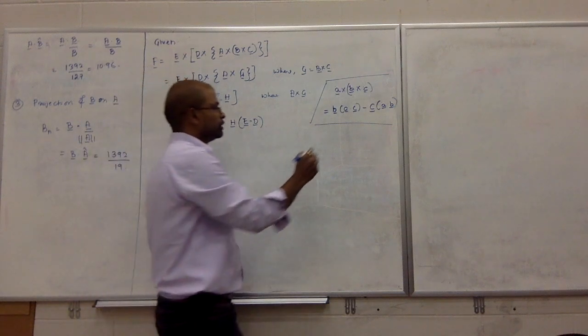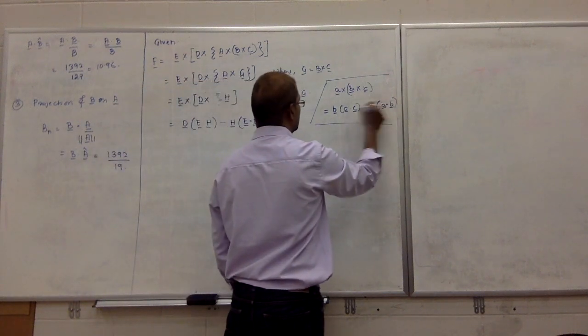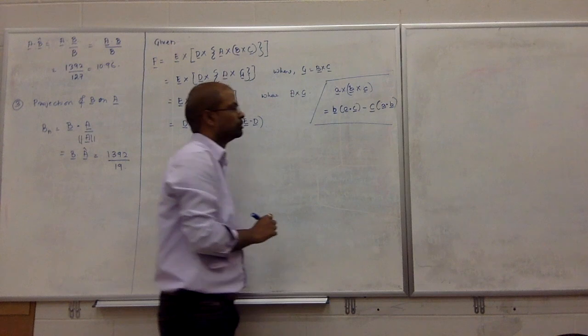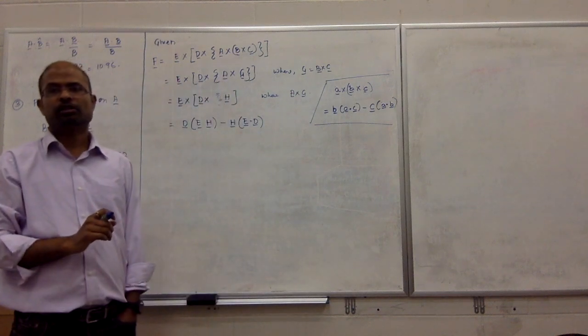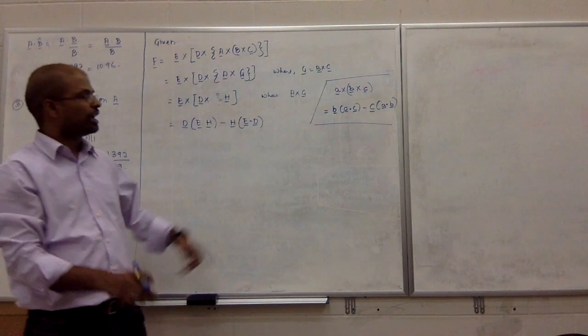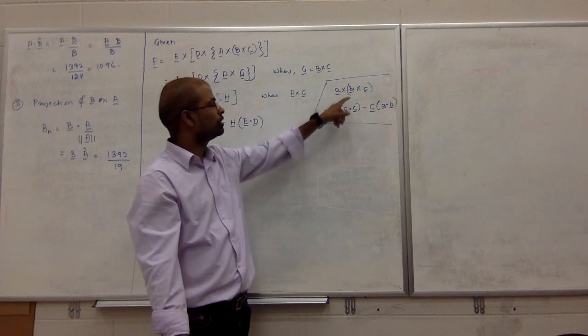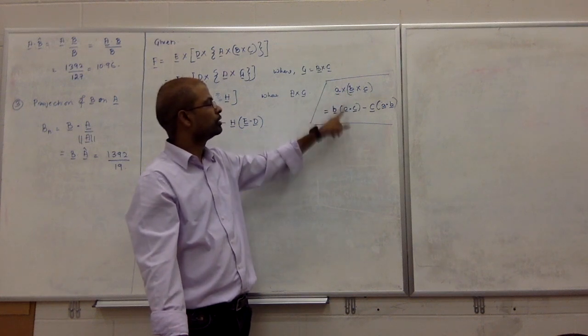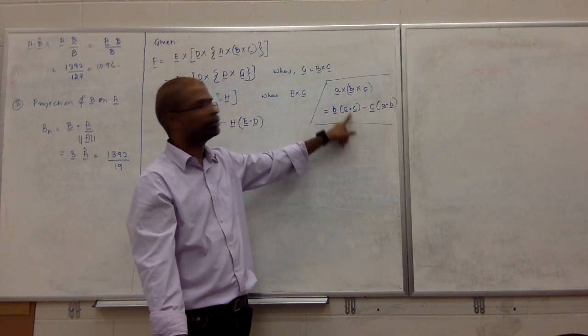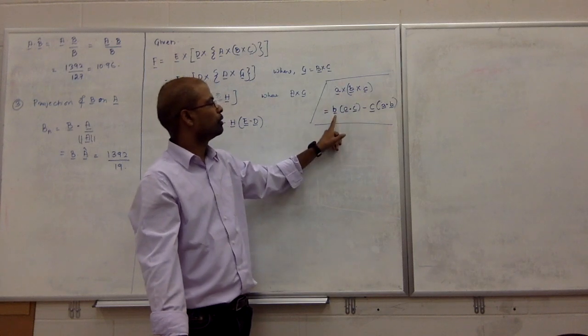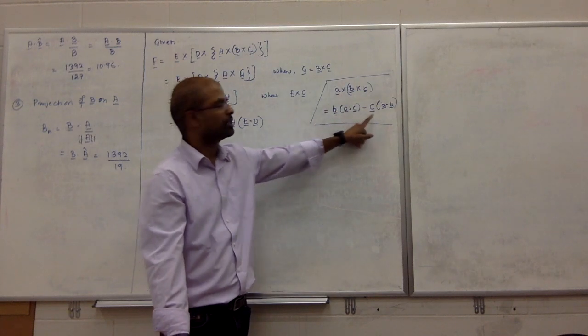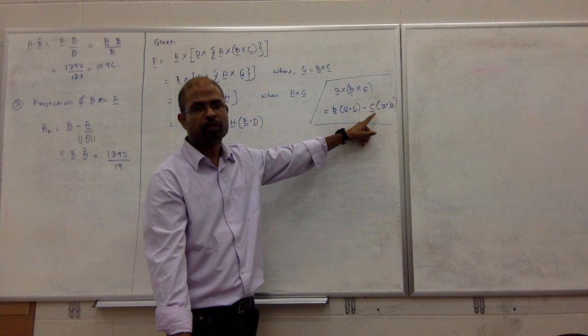Does it make sense? If you have A, B, C in this order, if you want to split it using dot, this is how you split it. You apply BAC minus CAB. This is the rule. This is the mathematics.